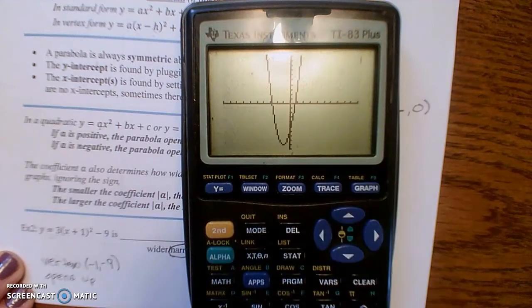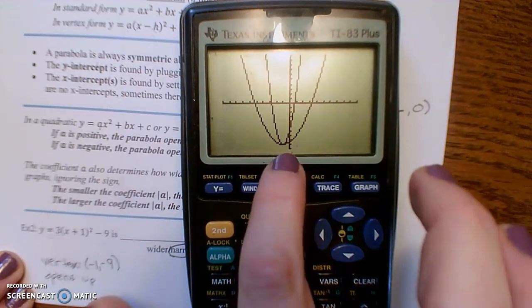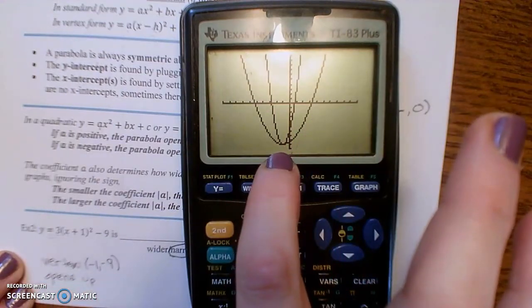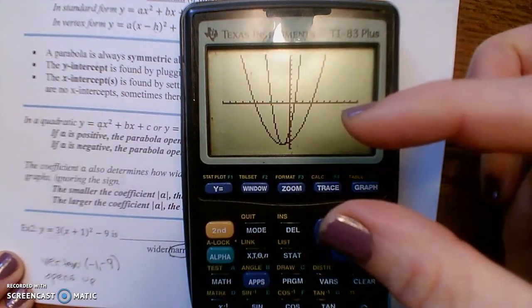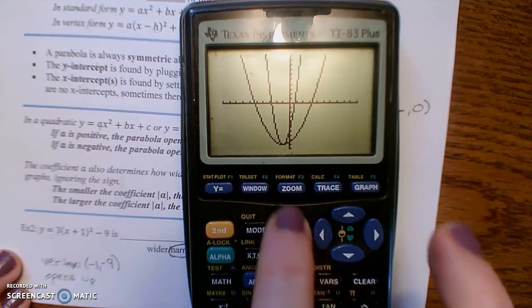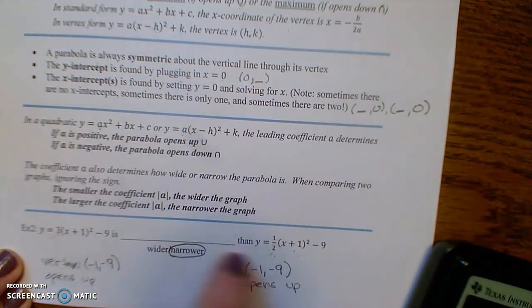Let's see what the graph looks like. Yeah, so there it is, 1/2 times (x plus 1) squared minus 9. It still opens up, same vertex, but since it's been squished down, it's more wide. So the first graph is narrower than the second graph.